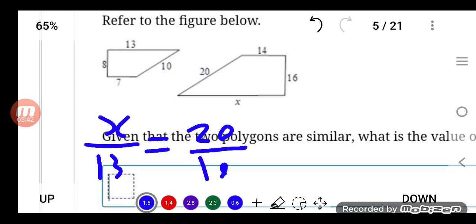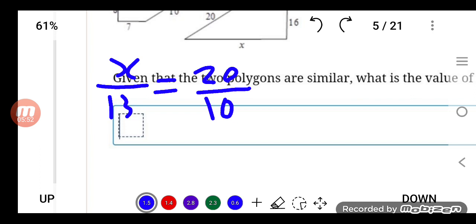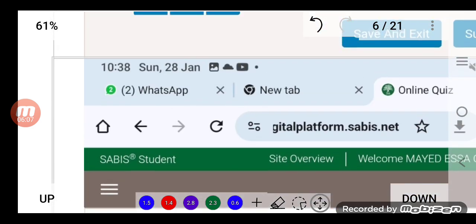You can choose any two sides. So I've chosen this and this. Now cross multiply to find the answer. You can cancel here 0 and 0. Then you cross multiply and you get x equals 13 times 2, 26. So the answer is 26. Next question.